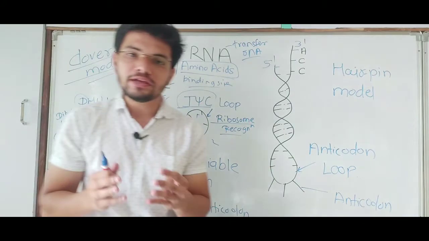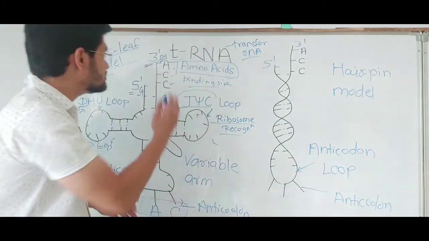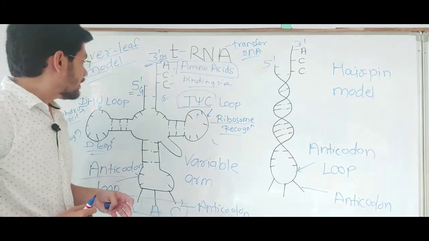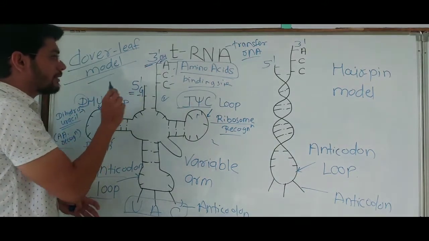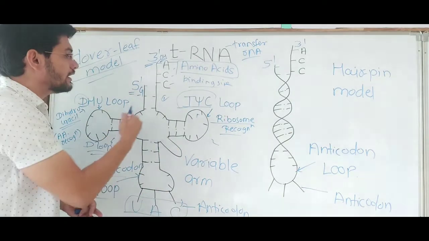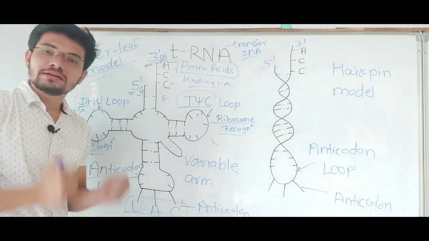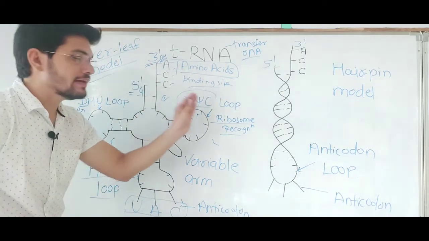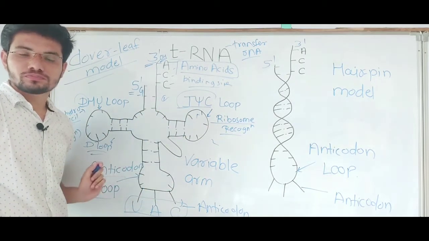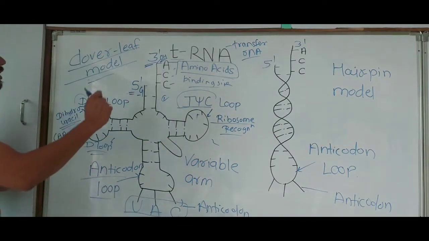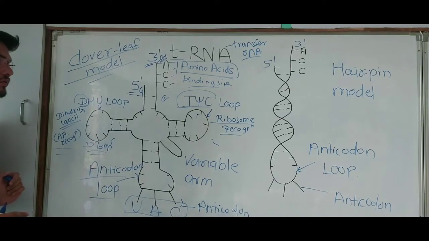It recognizes a particular amino acid and helps it to bind to the 3' end of the tRNA. And at the end this is the 5 prime end. So this is a single stranded molecule, but it is folded so it looks like a double stranded molecule, but actually it is a single stranded molecule, which is tRNA, and this structure is called the clover leaf model.